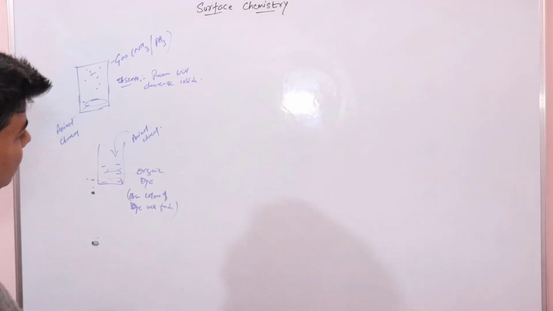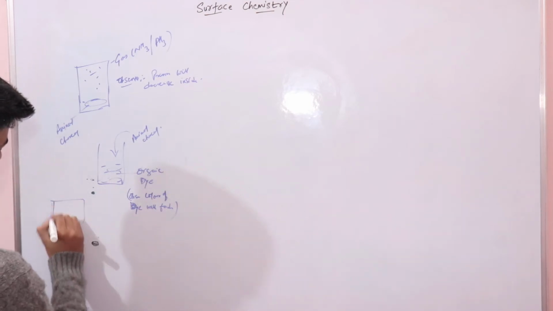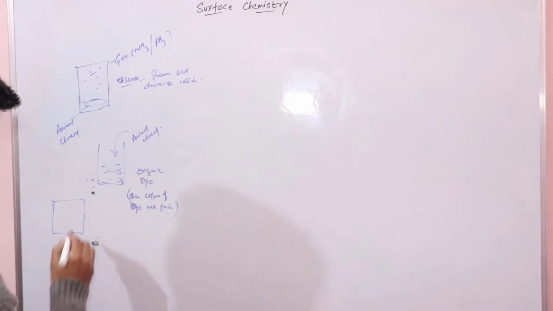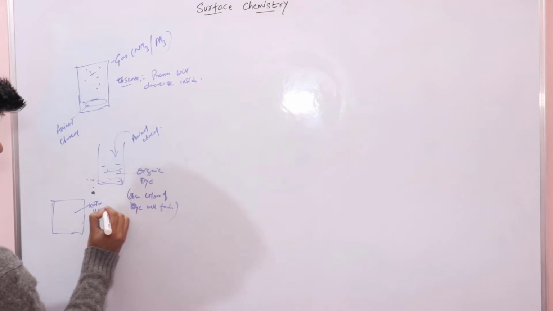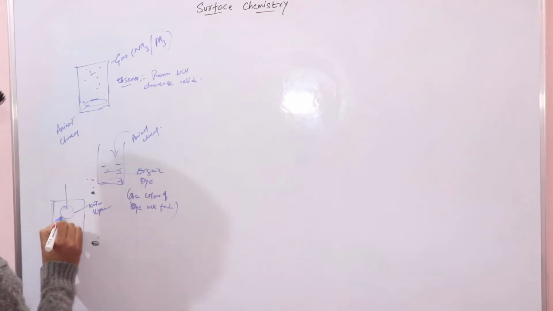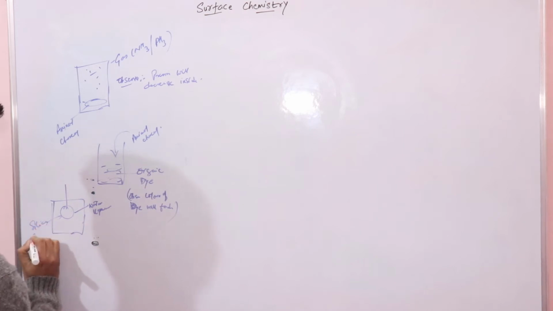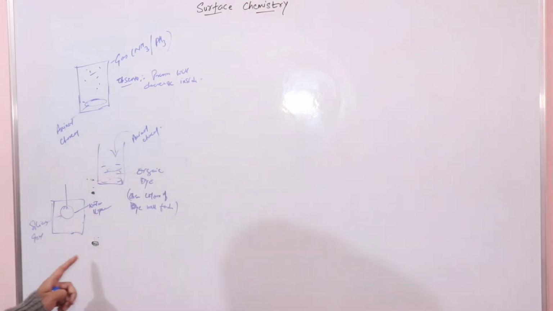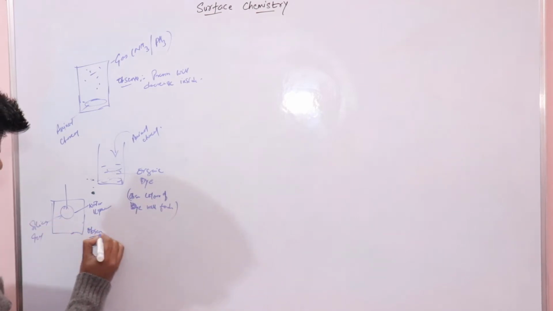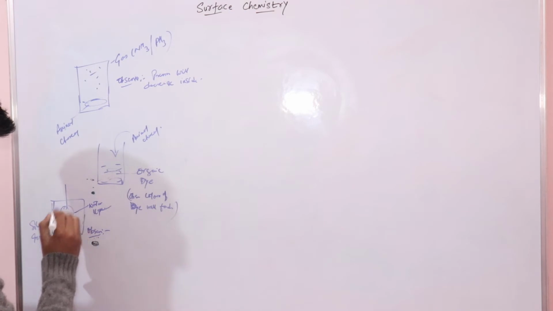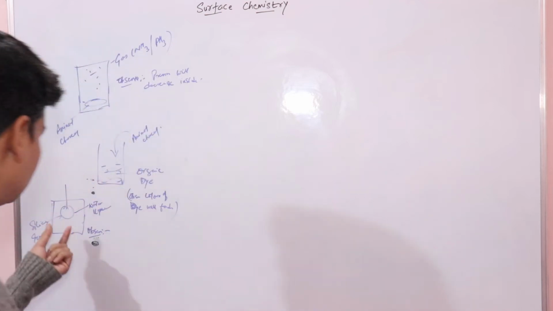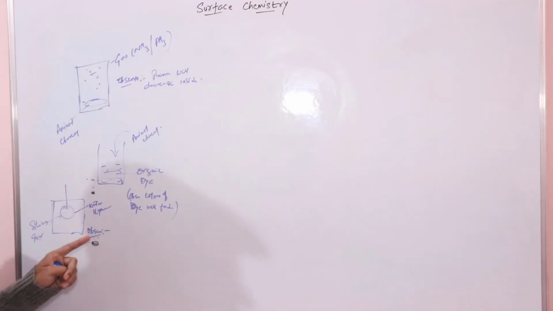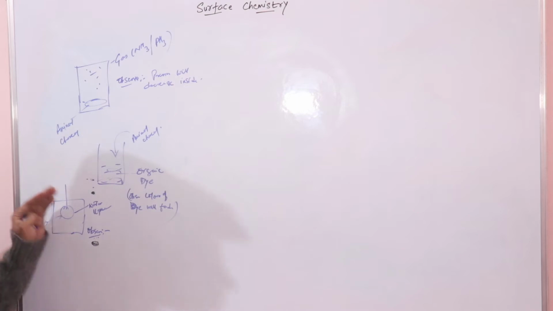Let's take another example. Say this is a closed vessel, and it has water vapor inside it. If you lower silica gel inside this vessel, you will notice that after some time... this container contains moist air, and silica gel is lowered into a container that contains moist air.